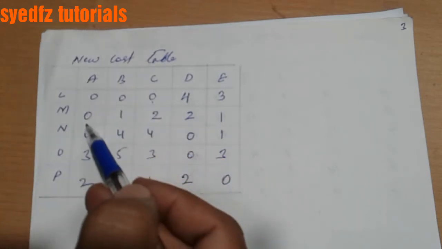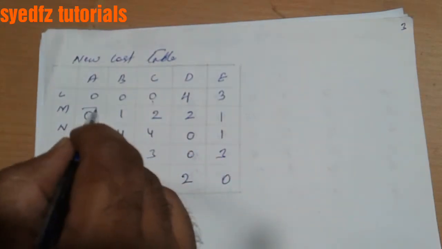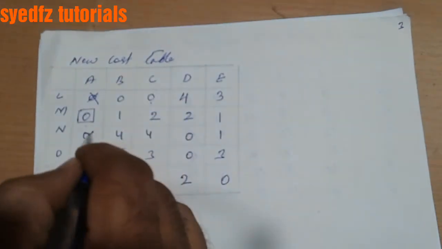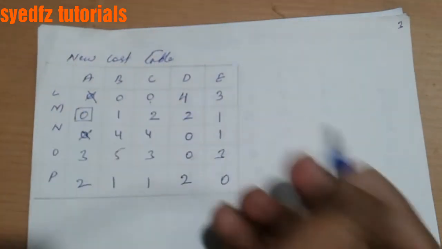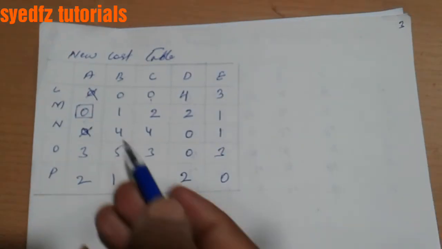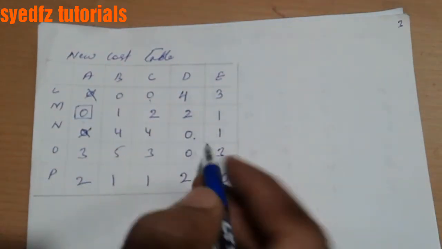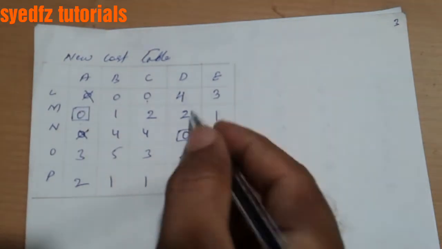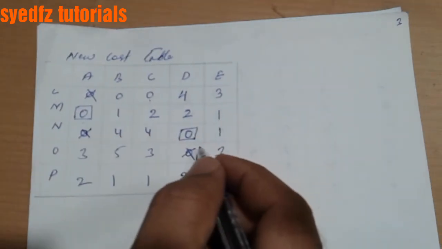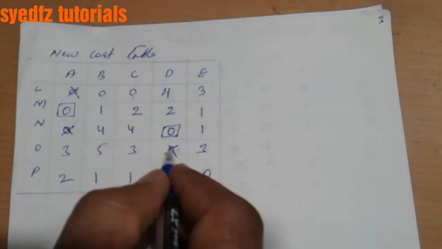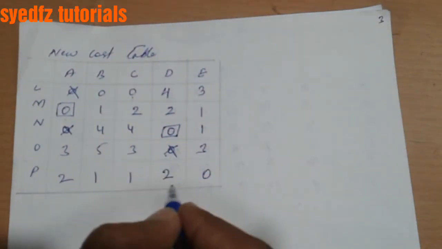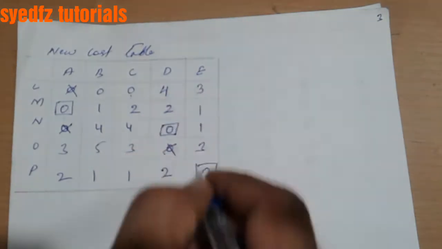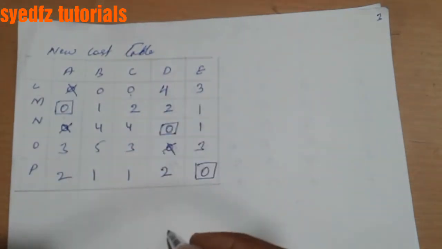This row has a single 0, so take the single 0 in this row and cut its column zeros, and row zeros we don't have. And again go for the next one. Here is a single 0 and cut its column 0 and row 0. There's no row 0. Then go for another line. There's no 0. Then go for another line. Here is the 0, so there is no 0 to cut off.